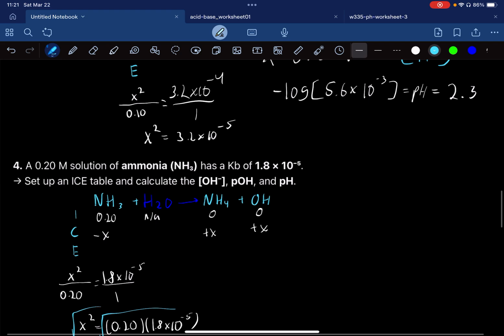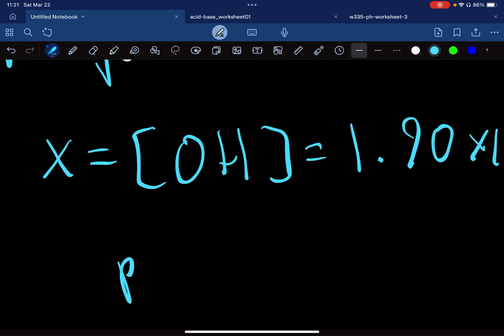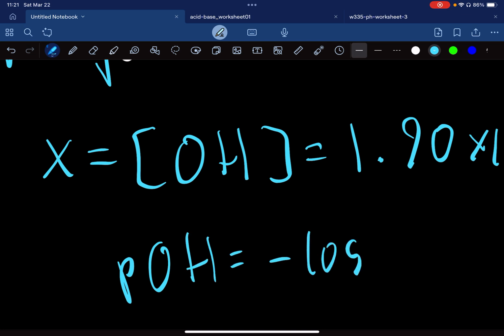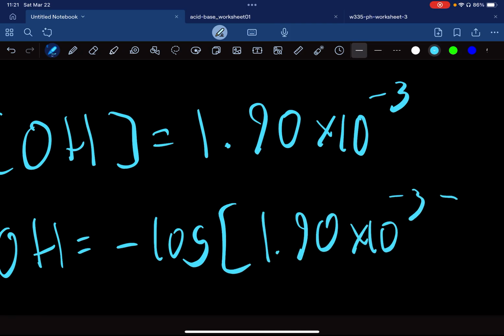What is it asking for? Calculate the pOH and pH. So again, pOH is the negative log of the OH concentration: negative log of 1.90 times 10 to the power of negative 3.